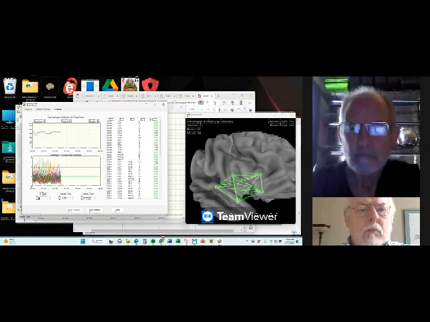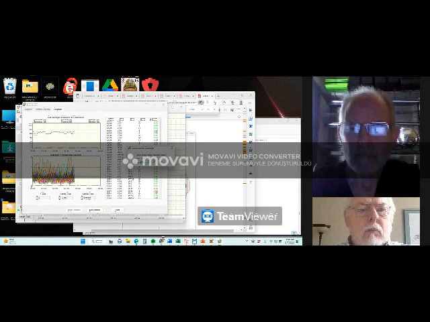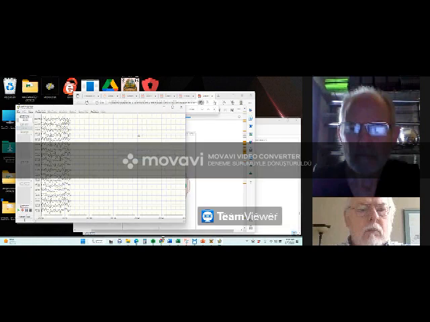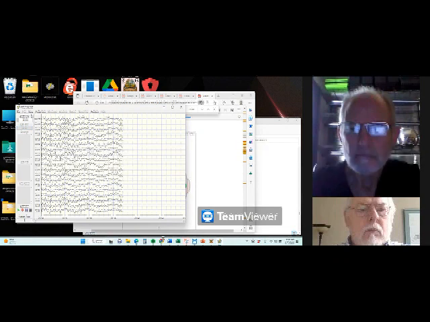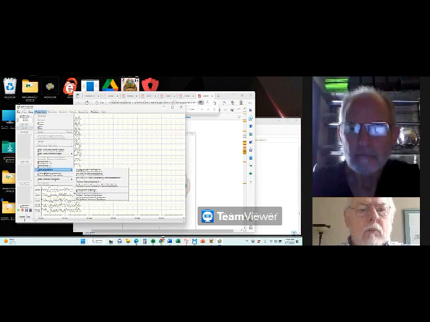Then you can see the z-scores in real time here. And these are instantaneous z-scores. And here it is counting rewards.